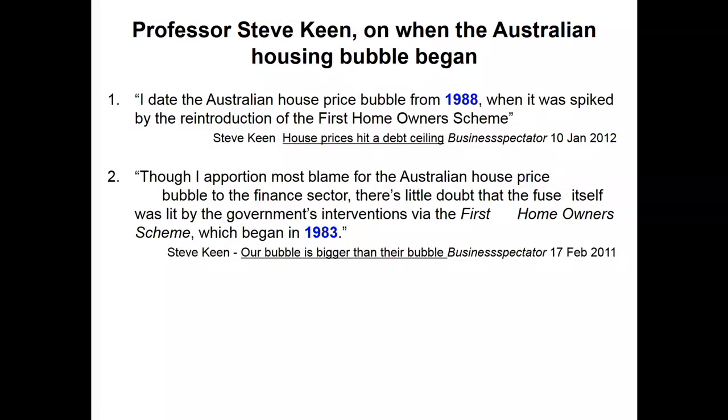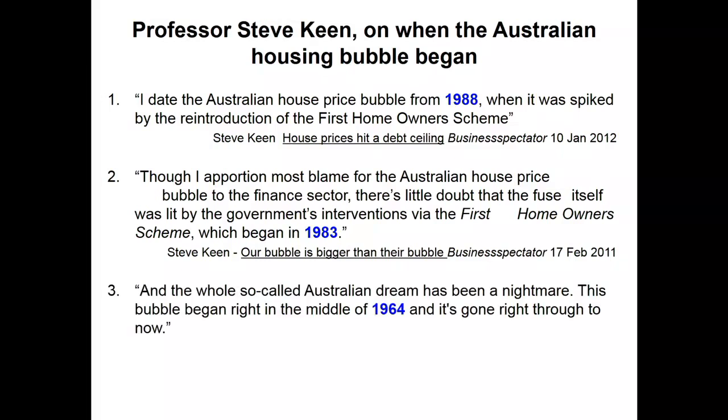Later on, he goes on to say, the Australian dream has been a nightmare. The bubble began right in the middle of 1964, when your grandparents met. So we've had a 50-year bubble, a 54-year-old bubble.